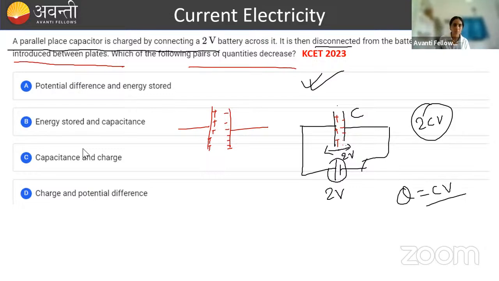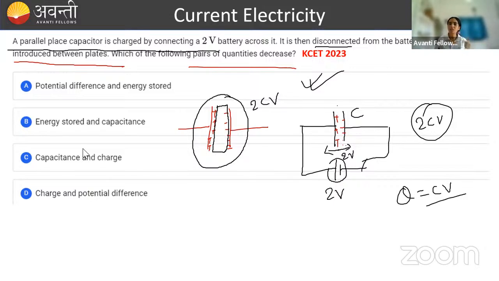Now, when you have disconnected a capacitor from the battery, and this capacitor has some charge, 2CV, now you are inserting a dielectric in this space. What will happen because of insertion of this dielectric?